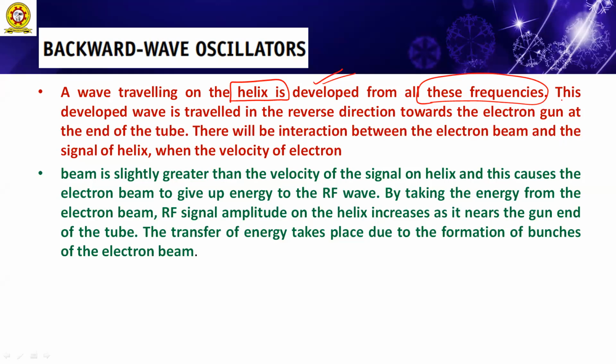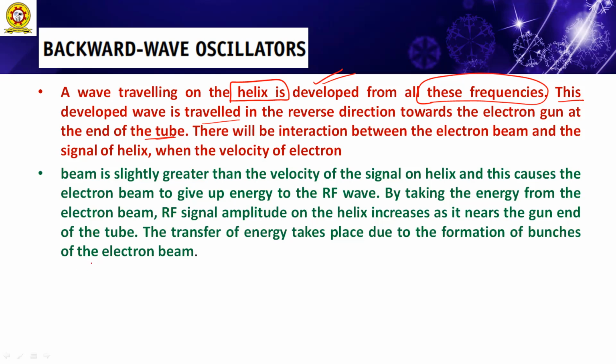Another significance of operation I mentioned is that the generated wave travels in the reverse direction towards the electron gun at the end of the tube. This is the specialty of the backward wave oscillator. Why? Because the backward wave oscillator does not have any attenuator in its geometry.